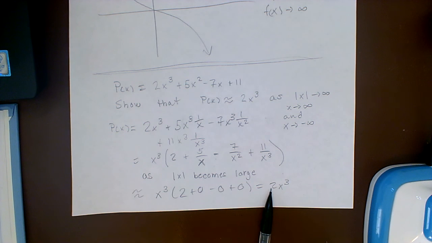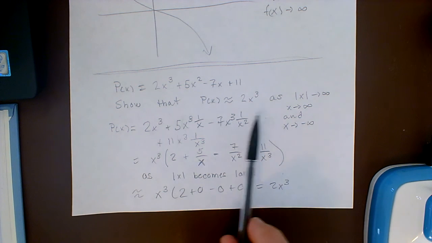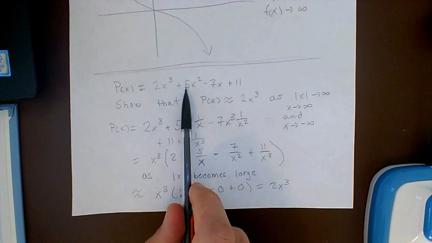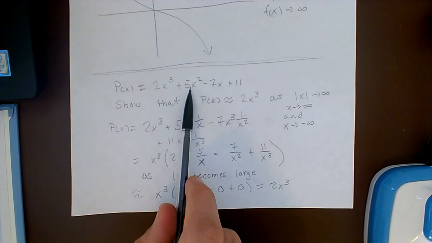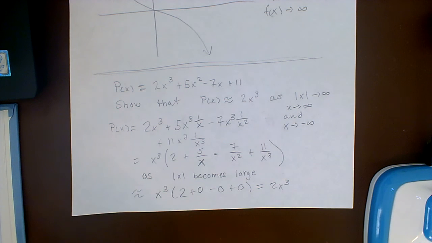So polynomials look like their leading term as x gets really, really large. So as x gets really, really large, we can kind of disregard the lower order terms, the 5x squared, the minus 7x, and the plus 11.